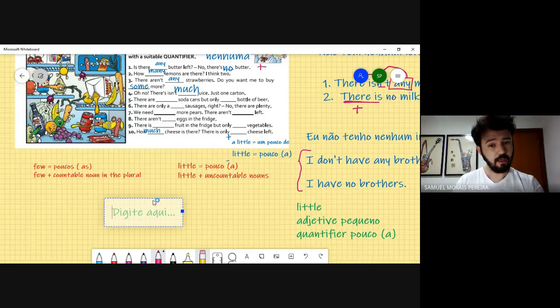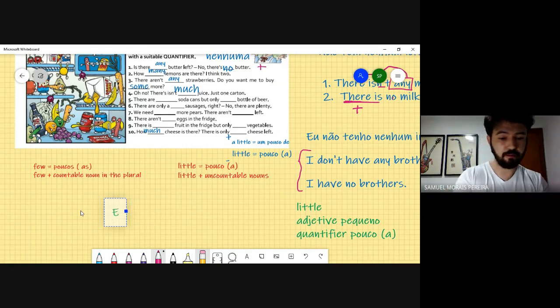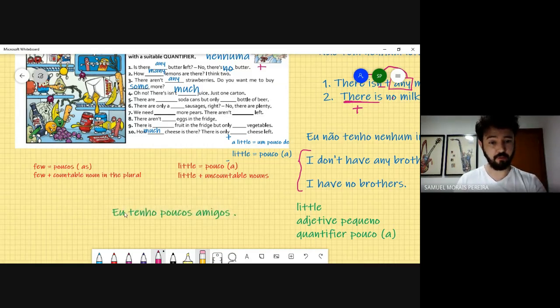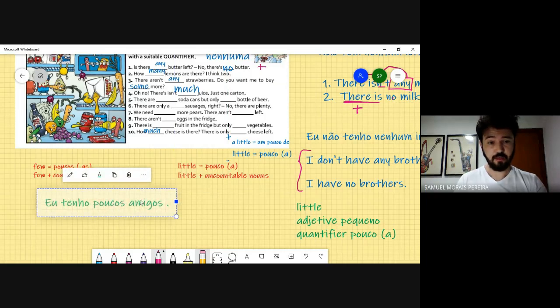So, let me start with the sentence. Eu tenho poucos amigos. Então, olha só. Take a look. How do you say eu tenho poucos amigos in English? Very simple. The word amigos is a word in the plural, so this is a countable noun in the plural.